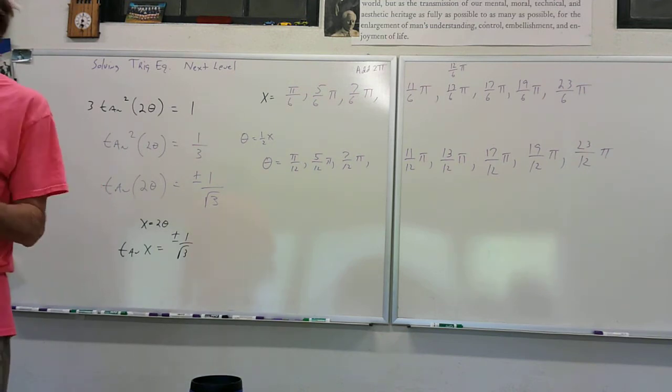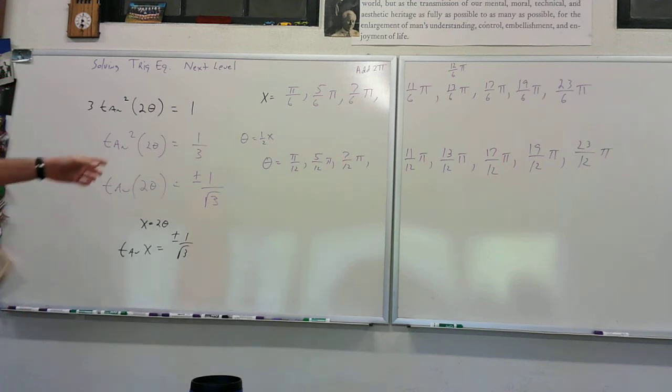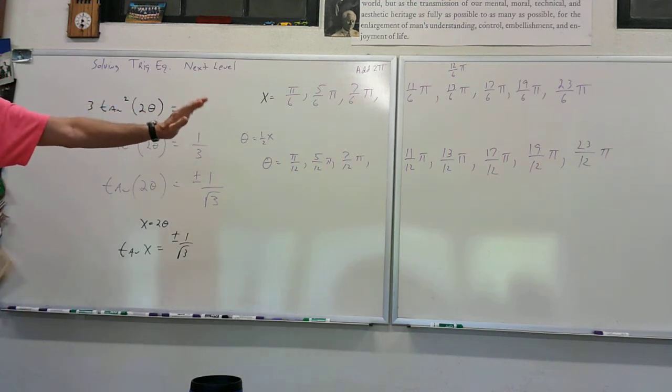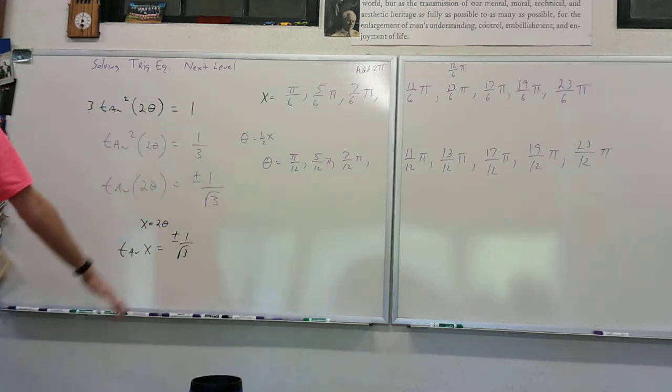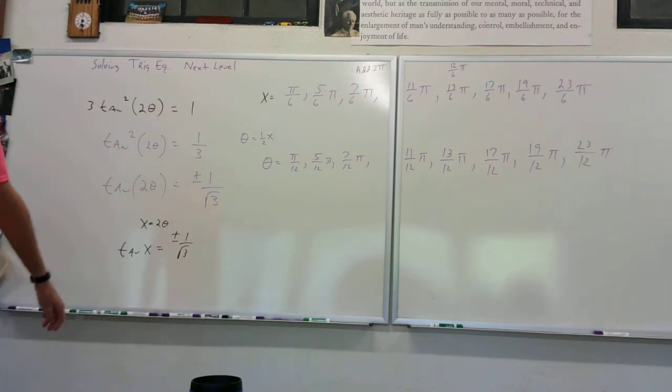But we put enough information on there that you can get some really precise work and good solutions without having more information on your unit circle. There was enough on there to make it very useful.